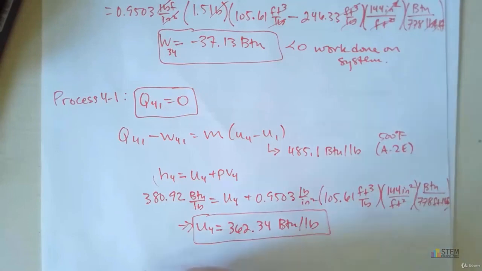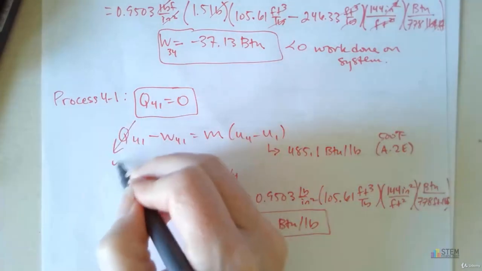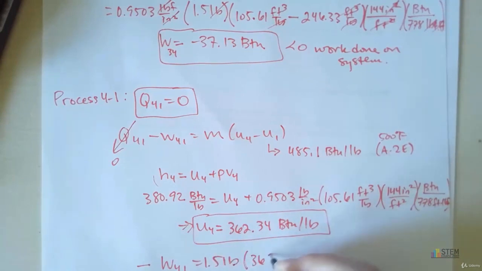We're almost done because this is a lengthy problem. Now that we have this, let's plug it in here. Remember, this Q went to 0. So negative work for process 4 to 1 is going to be 1.5 pounds times 362.34. This is BTU per pound.